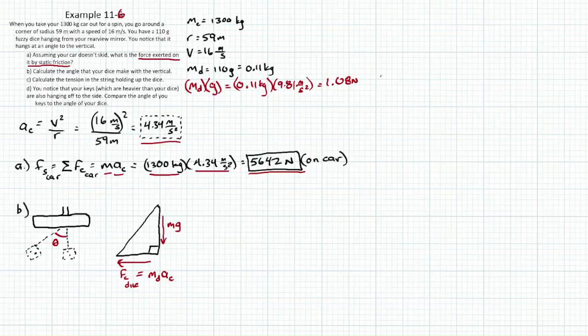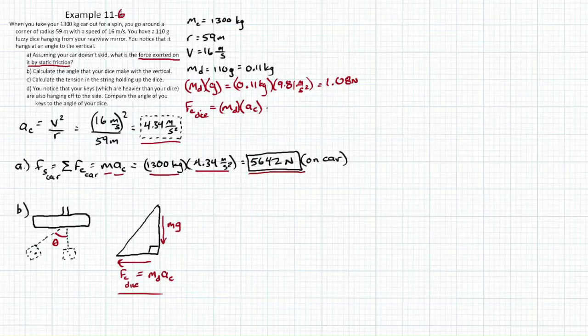Okay? And while we're at it, why don't we calculate the net force, or the net centripetal force on the dice as well. So the net centripetal force on the dice, F dice, you get the idea, equals mass of the dice times, not the acceleration of gravity, but in this case, the sideways centripetal acceleration.